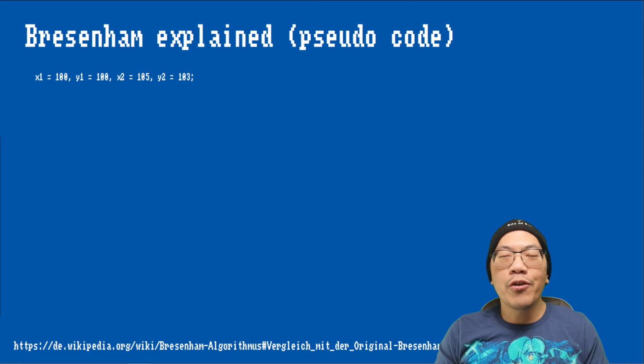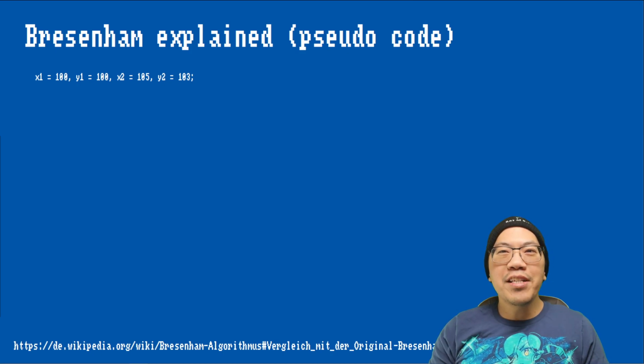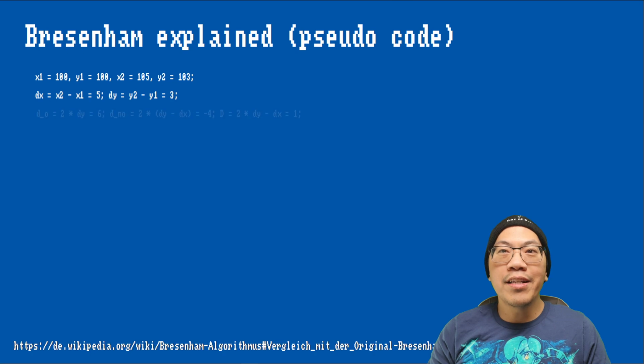This is a pseudocode implementation that only works for one octant. In this example, we want to draw a line between the endpoints x1, y1 and x2, y2. Using these, we can calculate the values dx and dy, as well as d_o and d_no, as well as an initial value for the decision variable d.